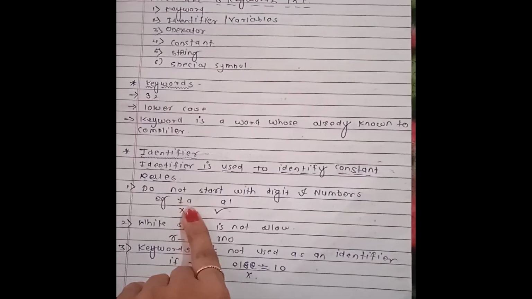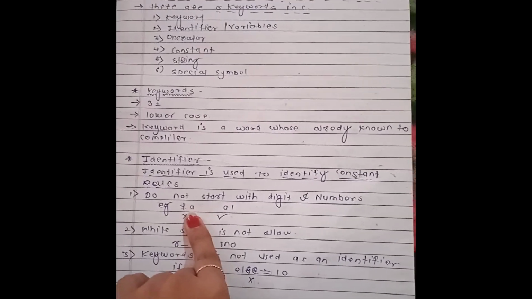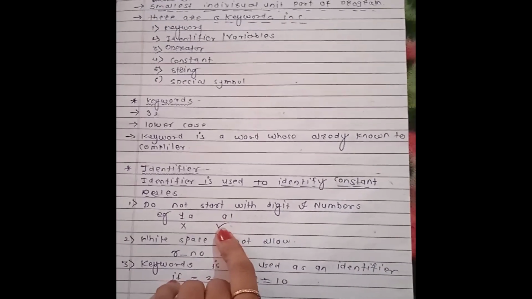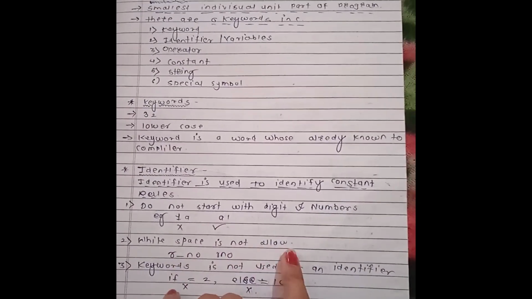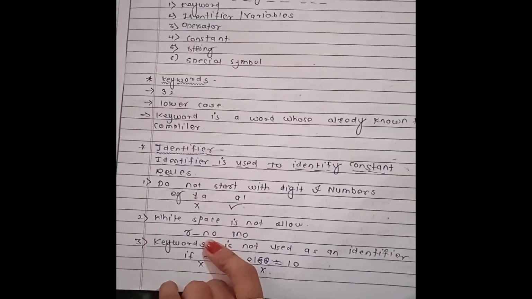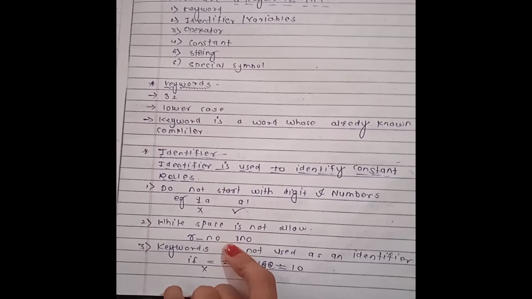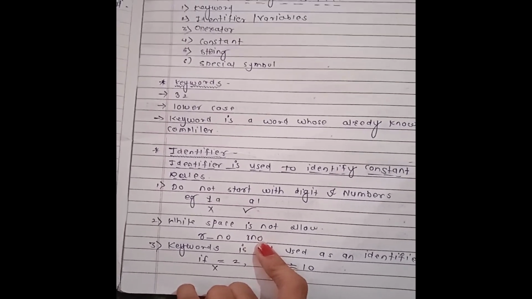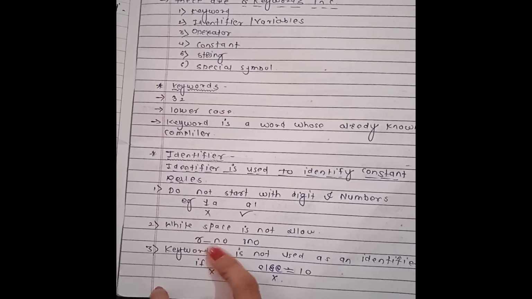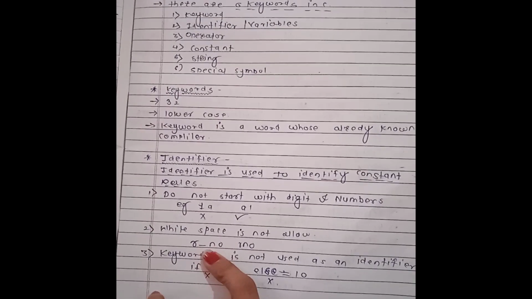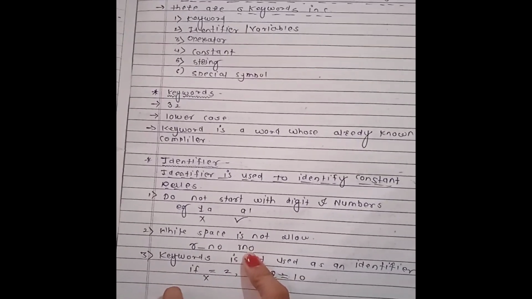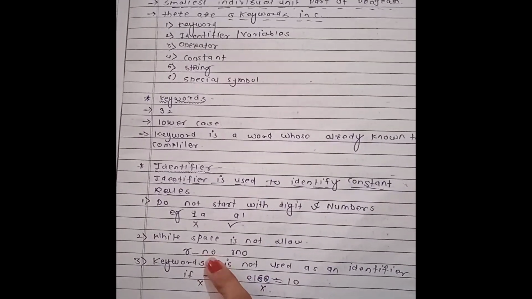Then the identifier is used to identify a constant. The rules: do not start with a digit or number. For example, 1a is not valid, A1 is valid. Then white space is not allowed. For example, r equals no space RNO. R equals R underscore NO is also valid, and RNO is also valid, but white space is not allowed.